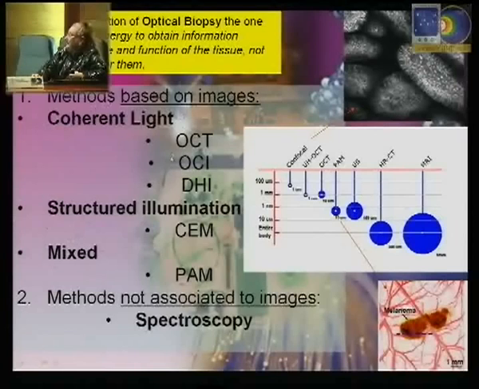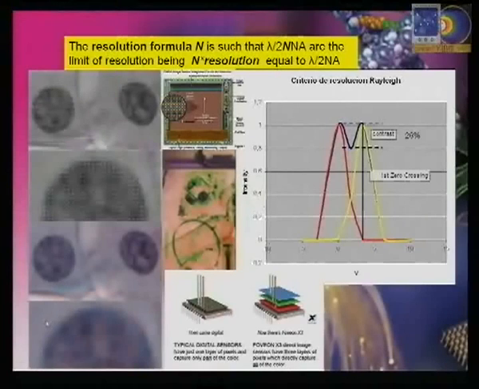The ones on coherent light are optical coherence tomography, optical coherence imaging, and holography imaging. The structured illumination includes mainly confocal endomicroscopy, and the mixed technologies, as we will see, include the PAM, the photoacoustic microscopy. And the methods not associated with images, as we will see immediately, are the spectroscopic methods.